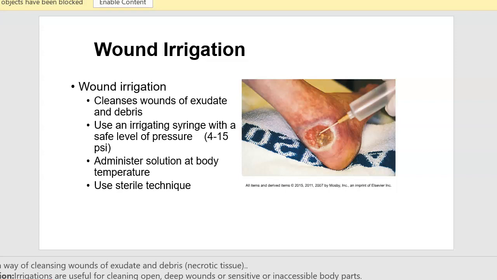A safe pressure for irrigation is 4 to 15 psi because you don't want to create any more trauma in a pressure injury or any other type of injury. Make sure the syringe tip is over but not touching the wound. Do not use iodine, peroxide, or anything else to irrigate a clean granular wound because those solutions are toxic to the cells that we need for wound healing.